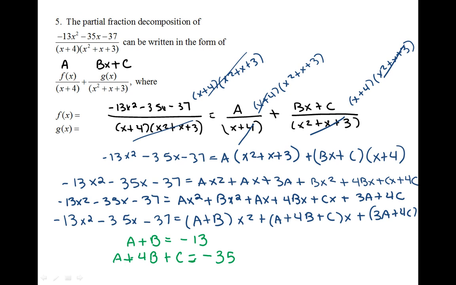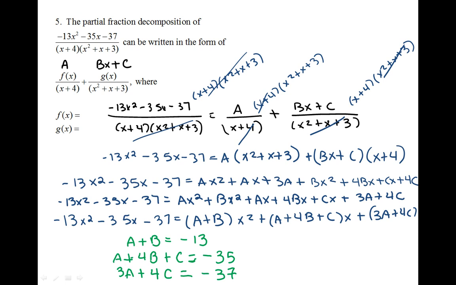And 3a plus 4c will equal negative 37. And I'll rewrite those on the next slide. And then we'll figure out what a, b, and c are.